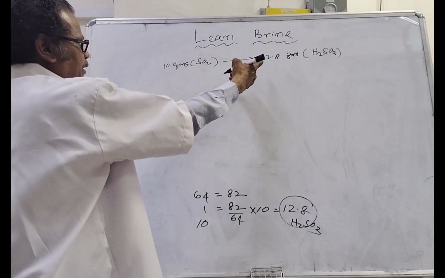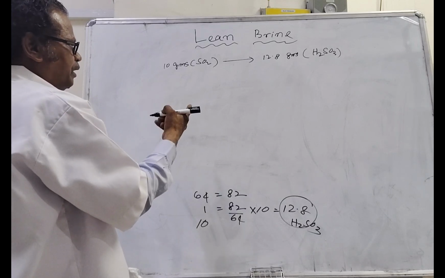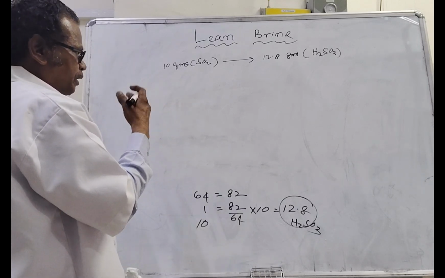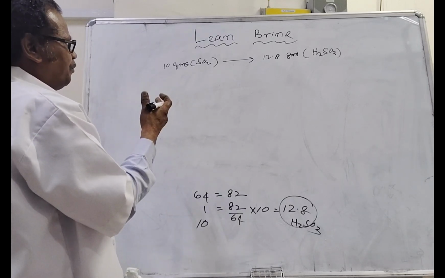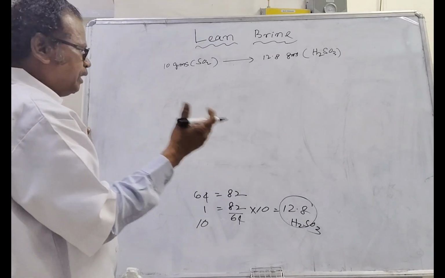Now we will calculate in 10 gpl of SO2 how much chlorine it will kill.